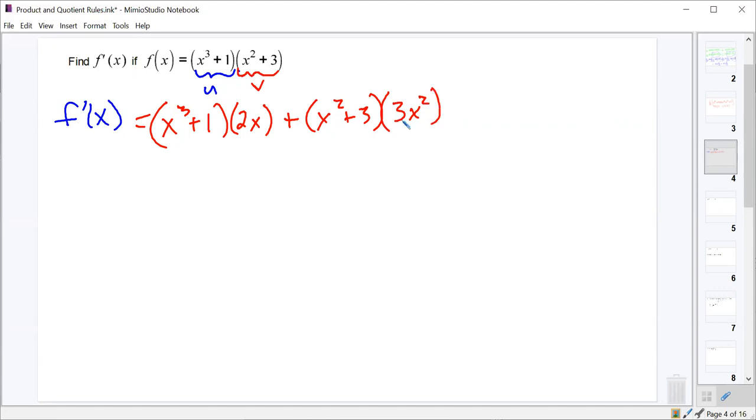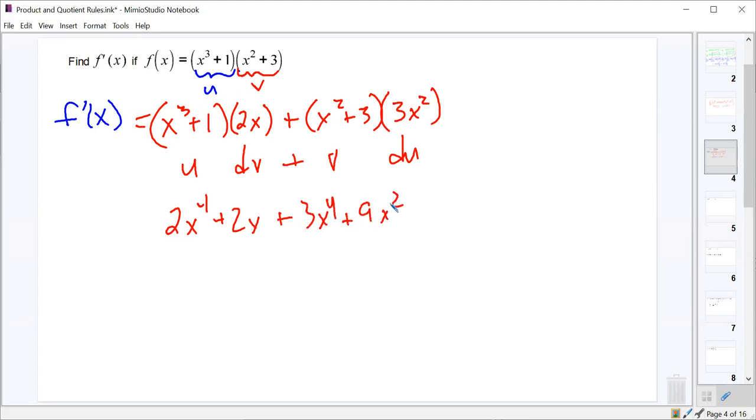So here's u dv plus v du. And if we want to simplify it down, you don't have to always simplify it down, but we could. This becomes 2x to the fourth plus 2x plus 3x to the fourth plus 9x squared, or 5x to the fourth plus 9x squared plus 2x.